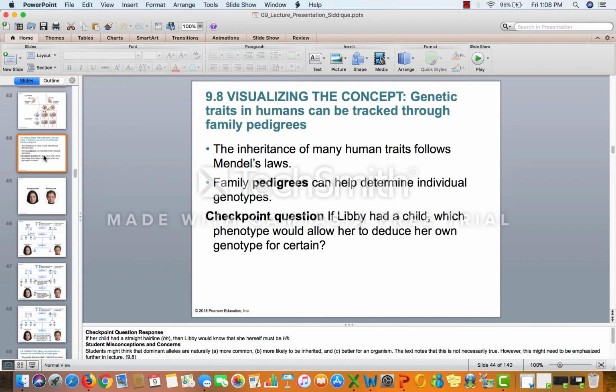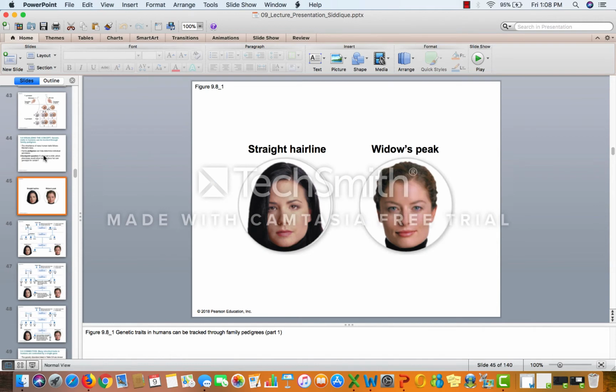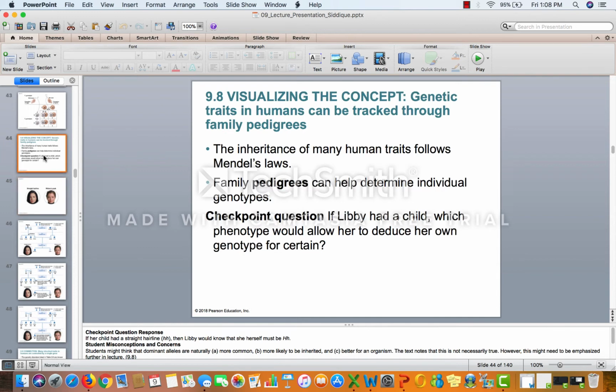So when you talk about pedigrees, basically if I can determine what my family history is, that can help me determine, let's say if Libby has a kid, what's the chances that she can actually determine the kid's genotype, right? So if the kid is, let's say, straight hairline, and we'll talk about straight hairline. Straight hairline is the individual on the left-hand side. Widow's peak is the individual on the right-hand side. If she's got a kid with a straight hairline, Libby would know herself that she's heterozygous, right?